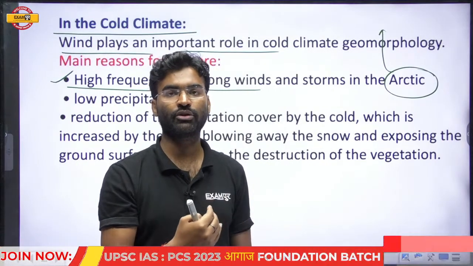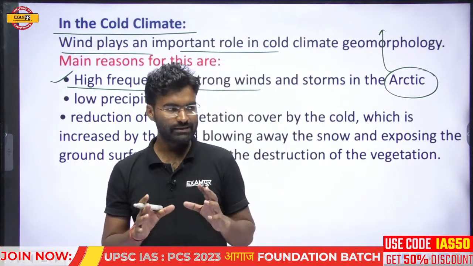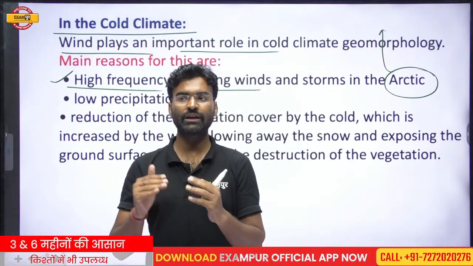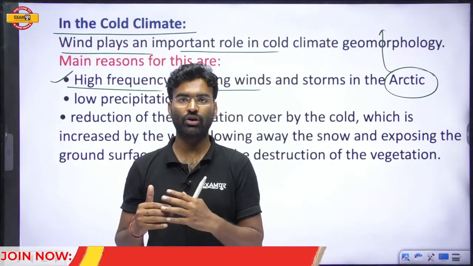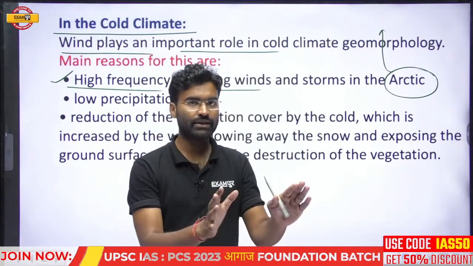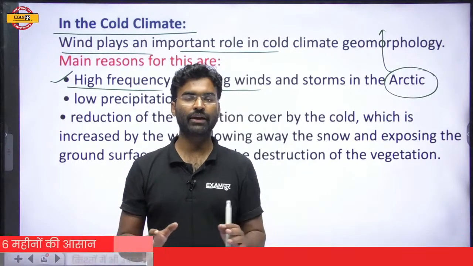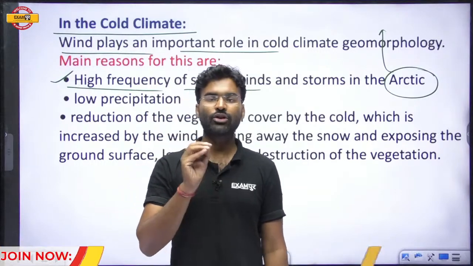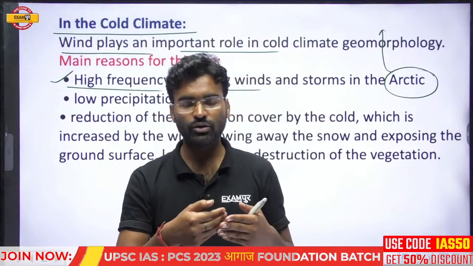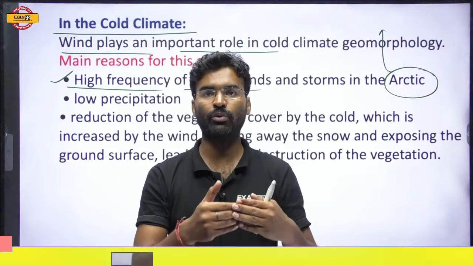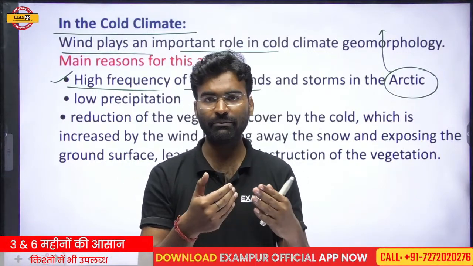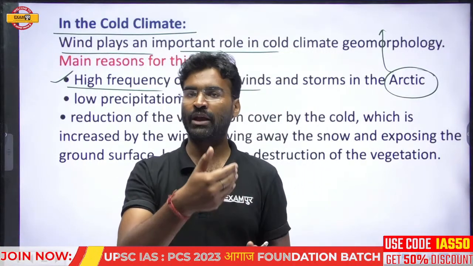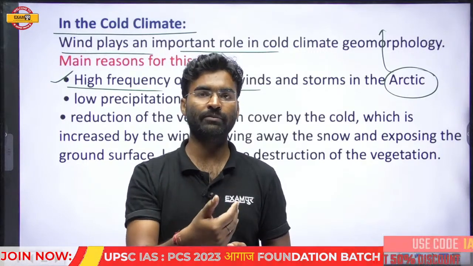In a simple way, if any region experiences frequent storms, those storms will hit the rock found there, and after continuous hitting of the air, the rock loses the bonding between its parts. If the bonding between the rocks loosens, then after some time that rock will be destroyed or will break.